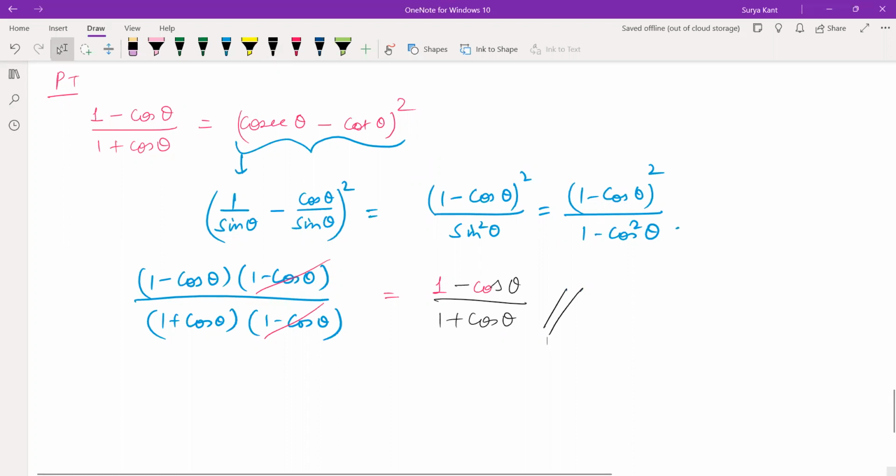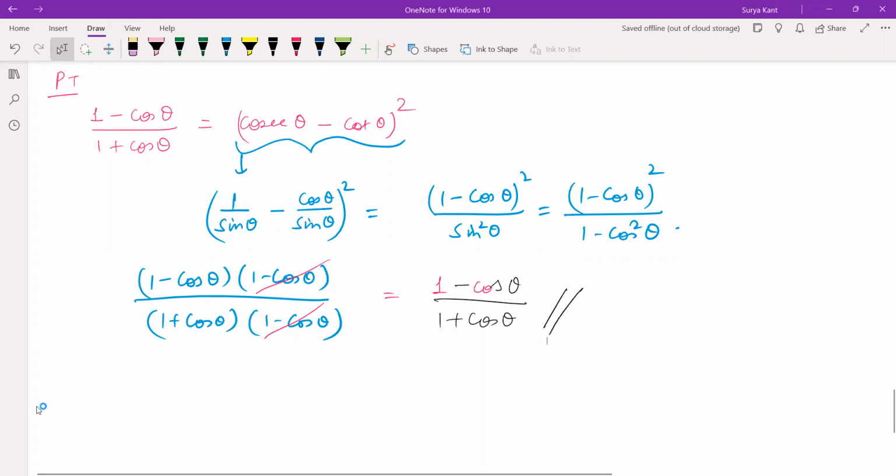So the next question over here is exercise 8.3, question number 2, that is of the NCERT exemplar sum.